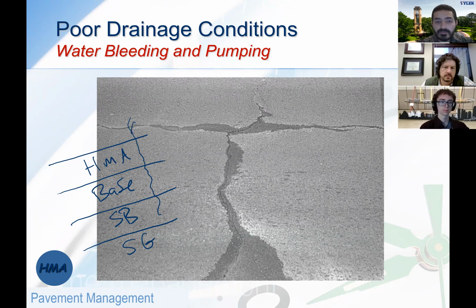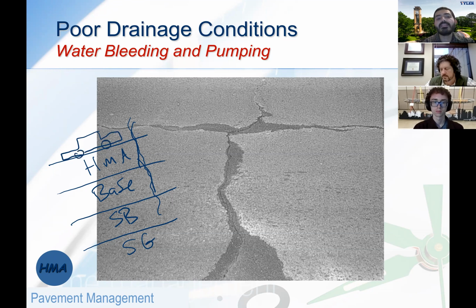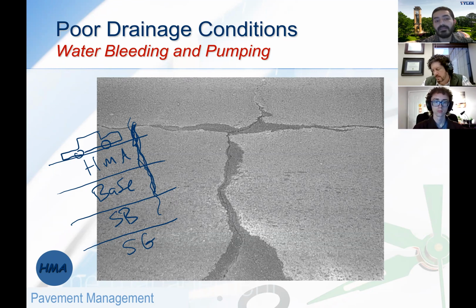When water gets into the base or sub base, let's say I have a vehicle moving here, and there is a crack here, and the water is all the way to the base or sub base. Now the vehicle is approaching that crack, so it's going to add a lot of pressure, and this piece of the asphalt is going to bend a little and create pressure.